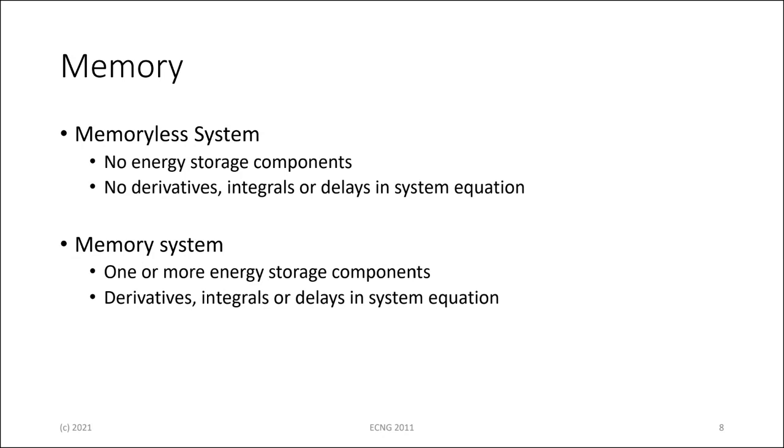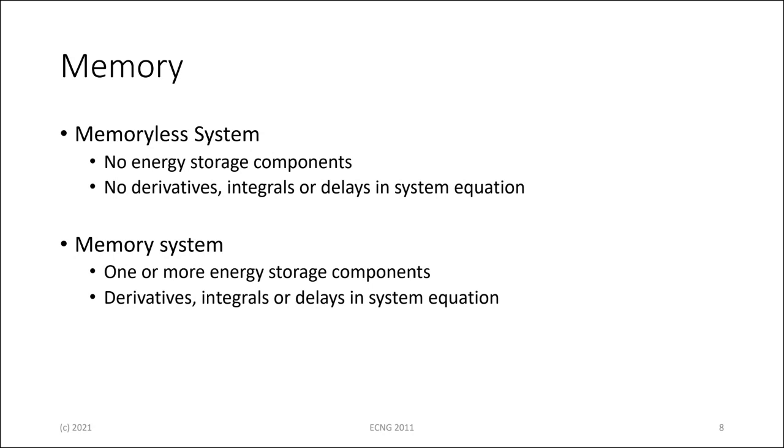And if you're storing values to be used, then you can't be memoryless. A memory system may have one or more storage components, and of course it will do things like integrals and delays and the like. We will meet both.